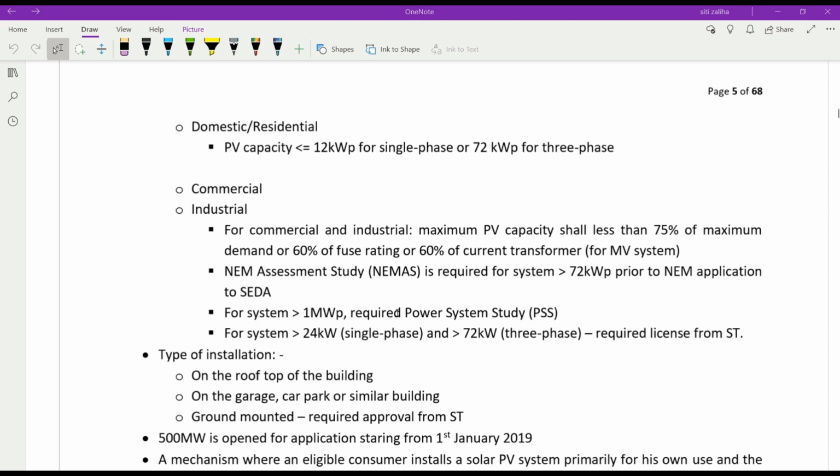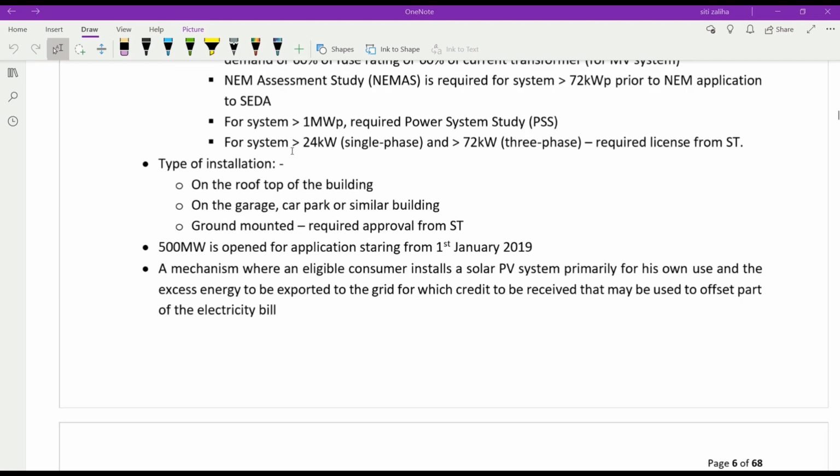NEM type of installation is on the rooftop of the building. It can be on the garage, car park or similar building, or ground mounted. For that you require approval from the Energy Commission. The 5 megawatt is open for application starting from 1st January 2019.